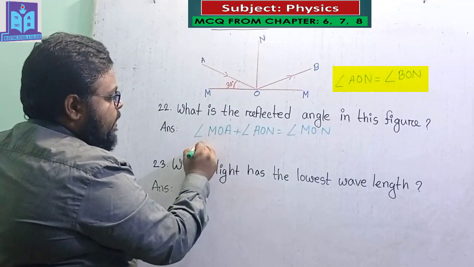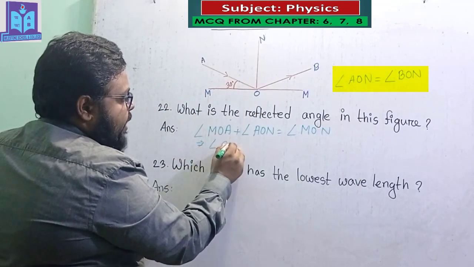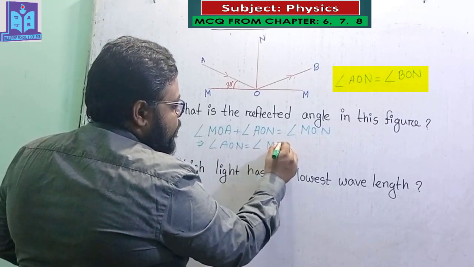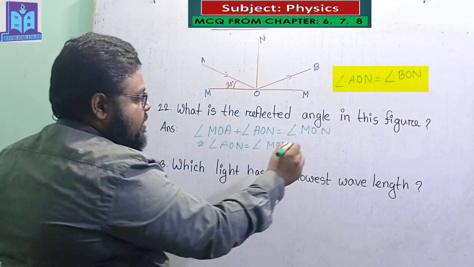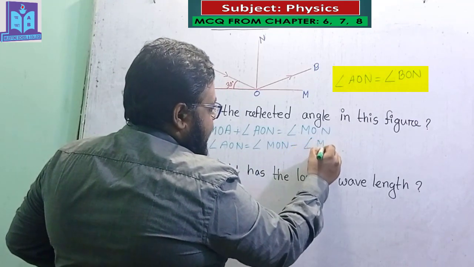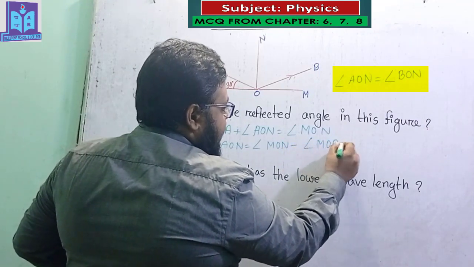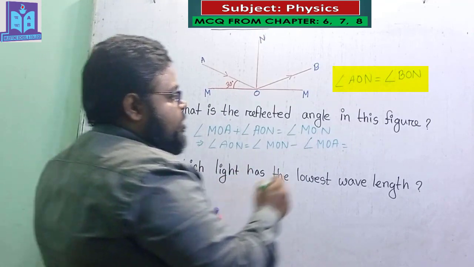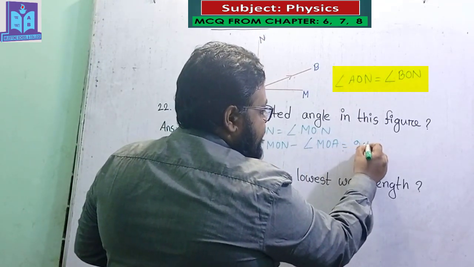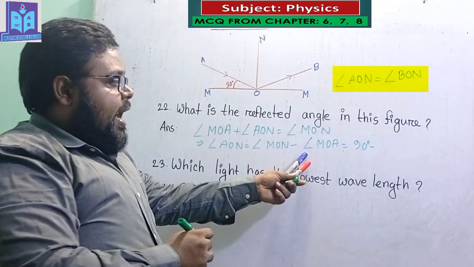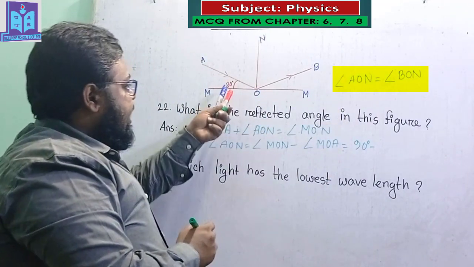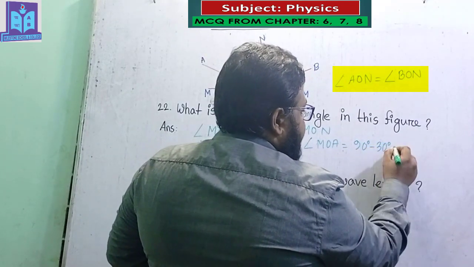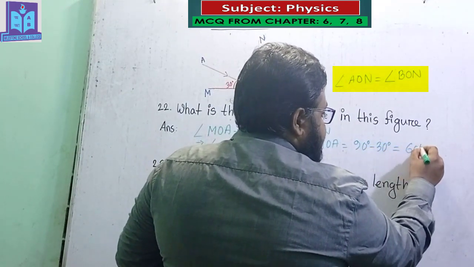So angle AON equals angle MON minus angle MOA, where the angle MON equals 90 degrees. This angle MOA is 30 degrees. Okay, so we will get 60 degrees.